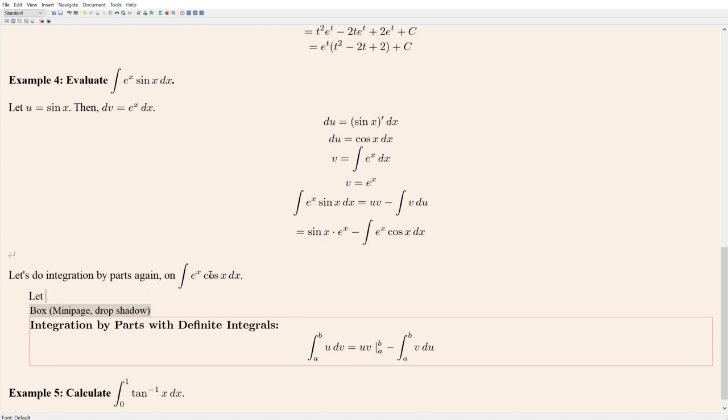So once again, if we go through ILATE, none of the functions are involved until we get to trigonometric functions, in which case we have a cosine. So let u equal cosine x. Then we have no choice but to let dv be e to the x dx.